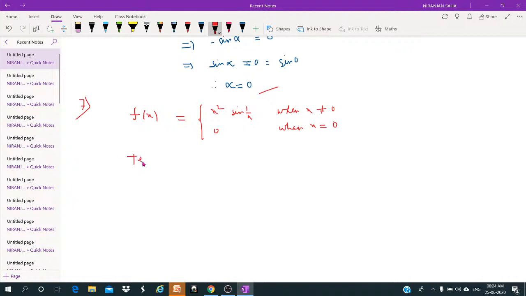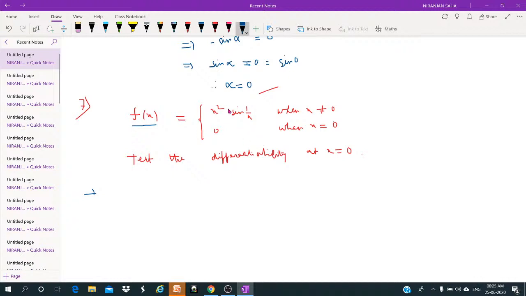Check the differentiability at x is equal to 0. So what we have to do here, first we have to find out whether f is continuous at 0 or not.